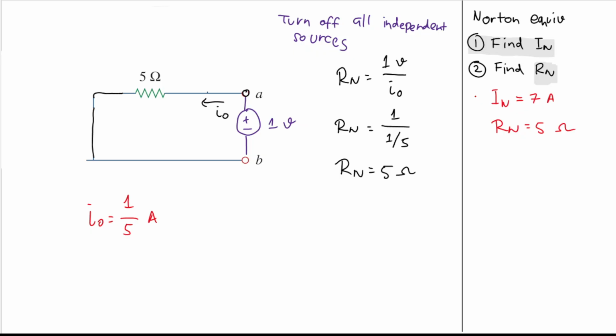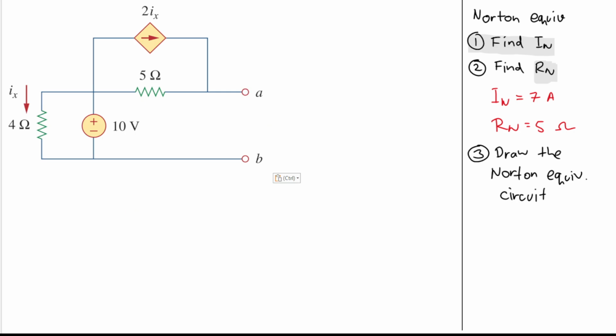The last step is to draw the Norton equivalent circuit. To draw it, we just draw a current source going up if the value is positive, and it is positive because it is 7 ampere.